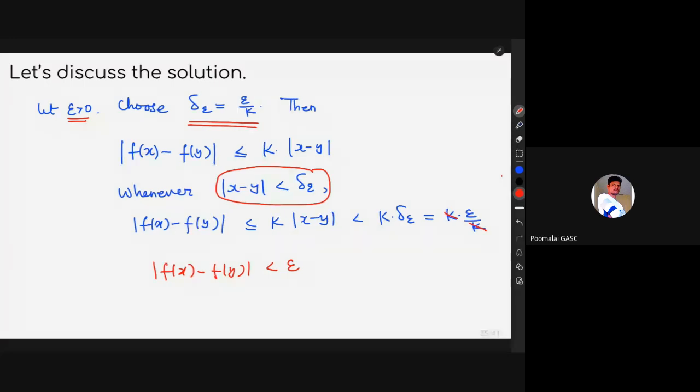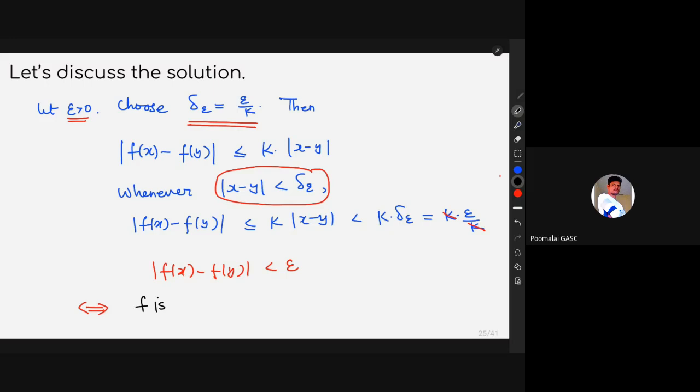So this is equivalent to saying that f is uniformly continuous on R. This completes the proof of this statement. Is this fine?